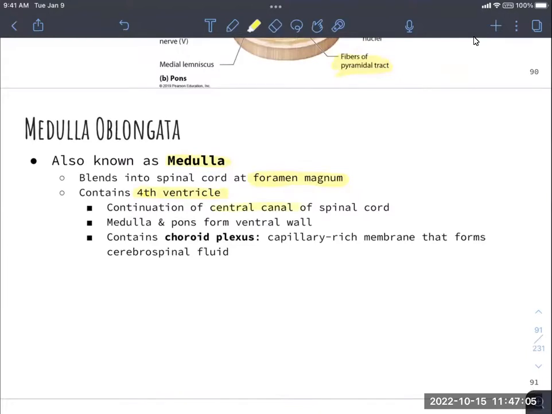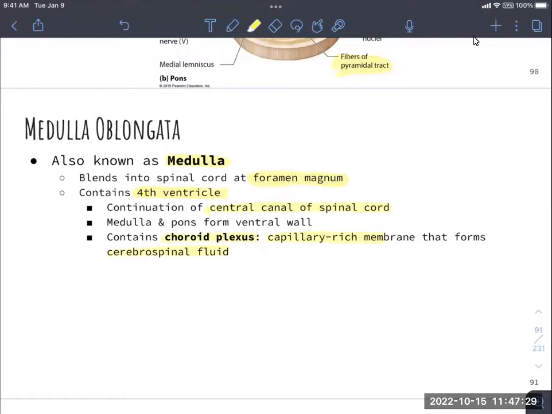It has that central canal that goes down into that spinal cord. It has choroid plexus. A plexus usually deals with capillaries. And our capillaries, that choroid plexus specifically, makes our cerebrospinal fluid.